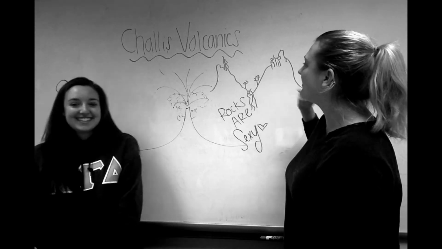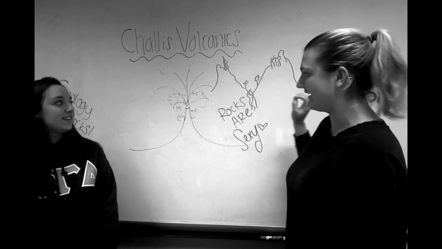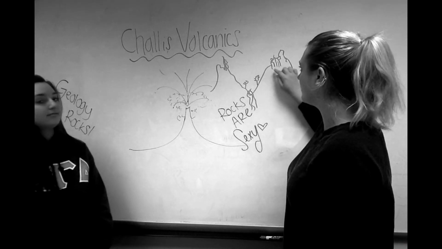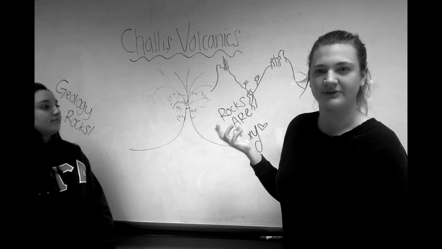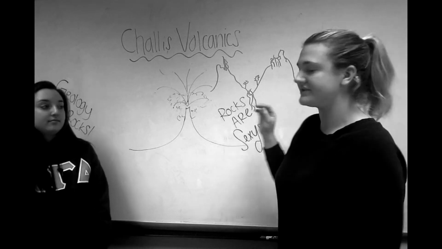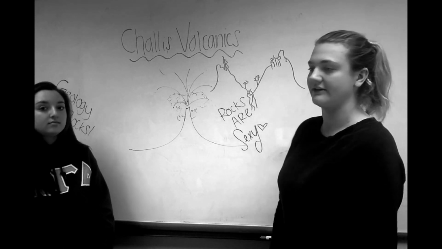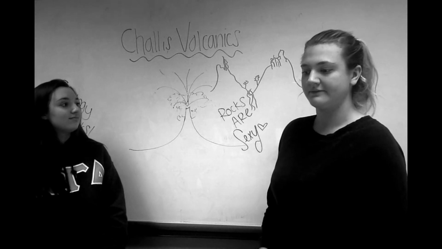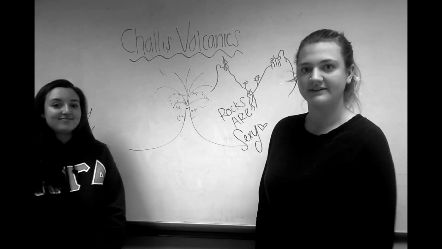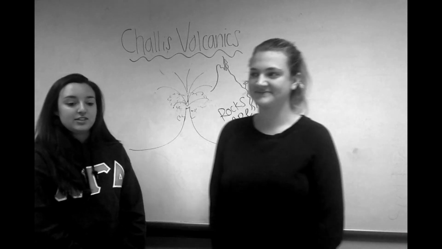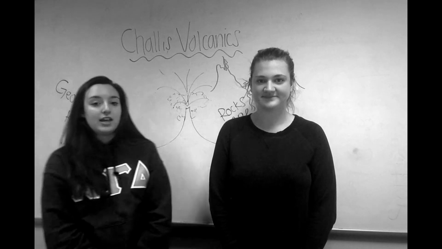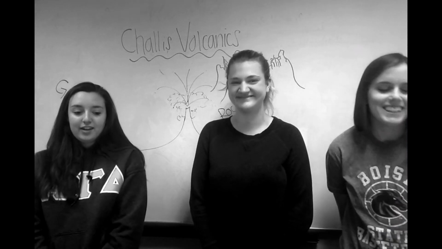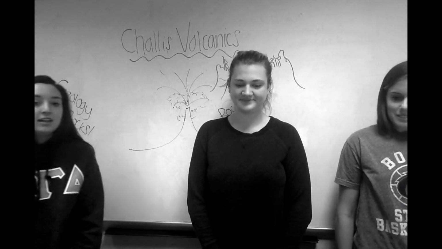And I know these are really rough, but these are supposed to be different formations of rock. It just kind of looks like exposed rocks that are stiff and very vertical, and they look really weird and different from other places. And that just kind of ties back to the domes and the plugs and all that we talked about when going over the geologic structure of the Challis Volcanic Group.